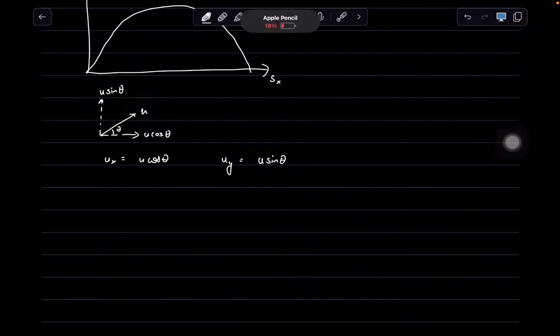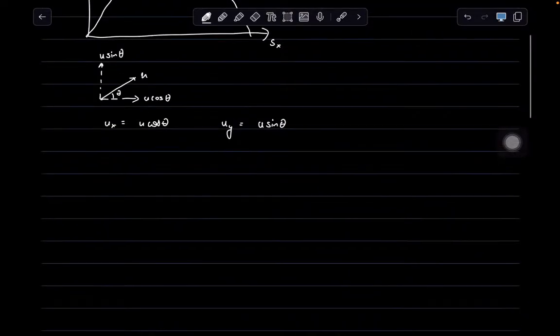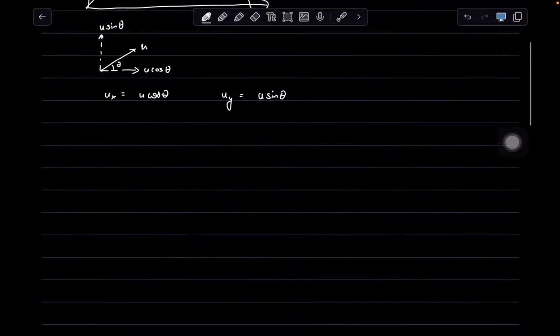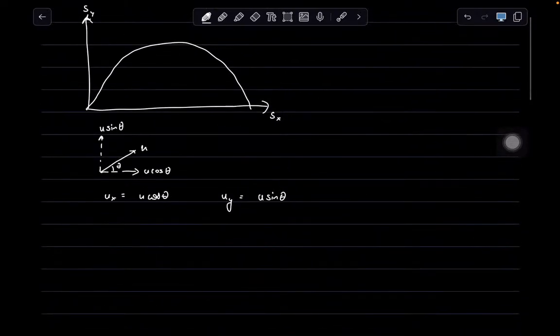So alright, we have our ux, we have our uy. That's nice and all. So what should I do now? Now, if I take into account resistive forces, which is my first order of concern, because I want to determine for a given angle theta how I can calculate the maximum height and the maximum sx that my ball can go.